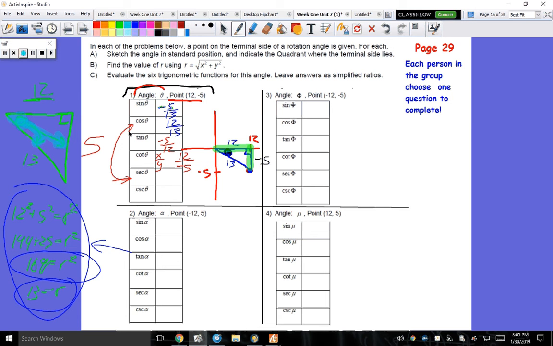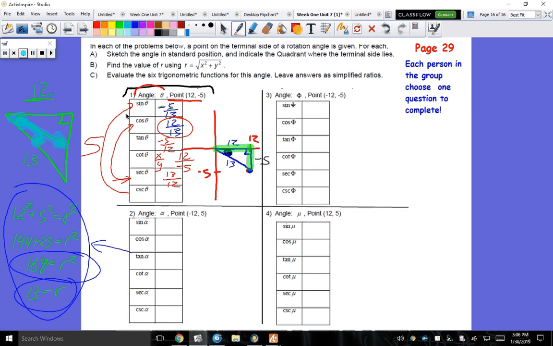Does it matter if the top is negative or the bottom is? We'll talk about that here in just a bit. Let me get the numbers and then we'll segue to that, okay? Because that is very important. What is the secant anybody going to be? X over r, otherwise the flip of cosine, which is what? 13 over 12.